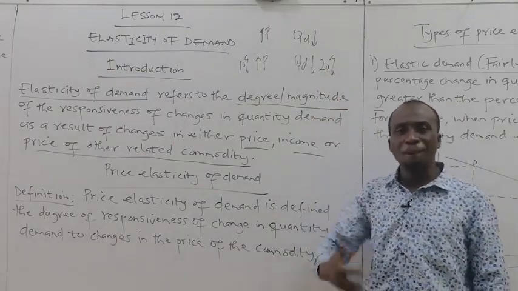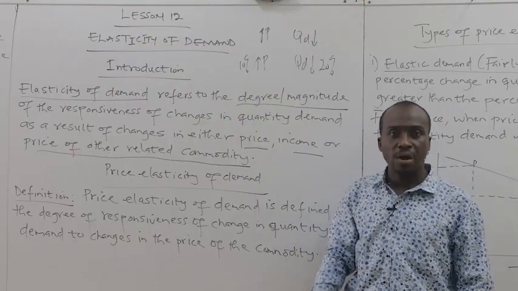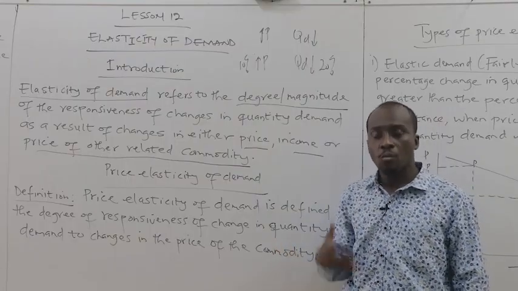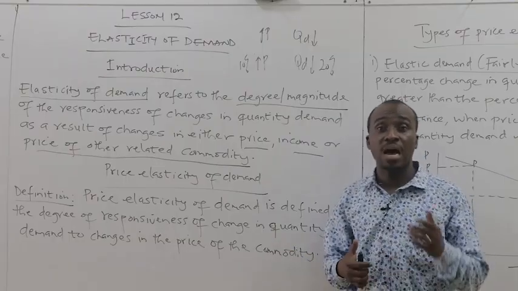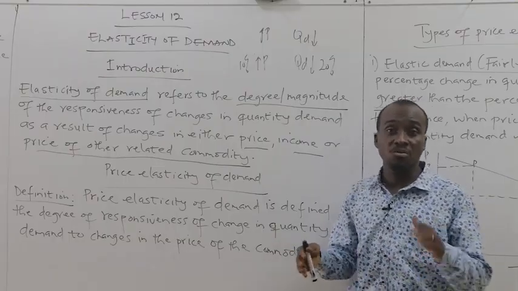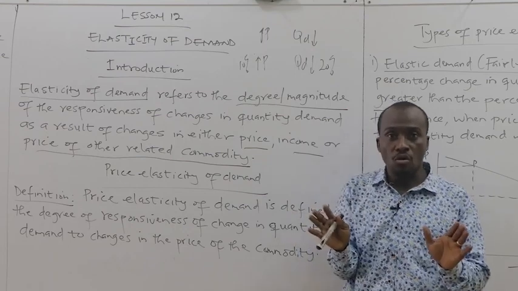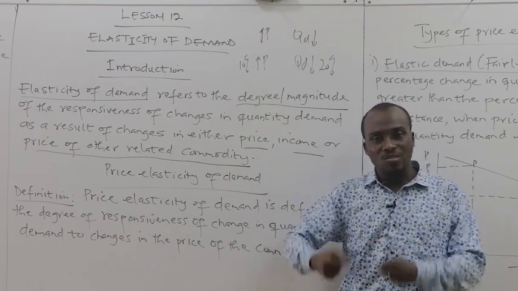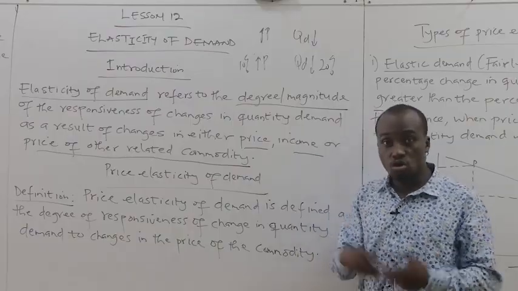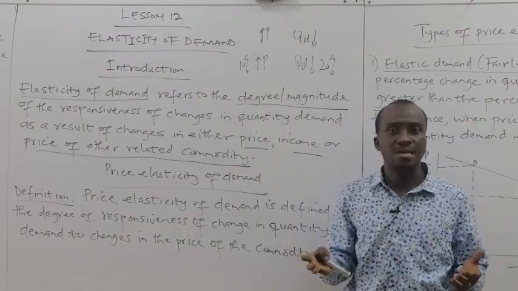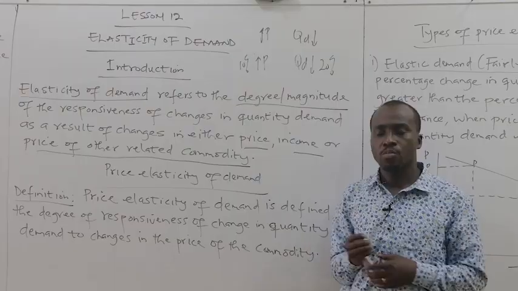We want to know the magnitude by which demand will fall. When we were treating demand, all that we got to know is that whenever price goes up, demand will fall. When price goes down, demand will go up. That was all. But we didn't know the extent to which it will change. Will it change by 30% or 20% or 50%? We didn't know that, right?